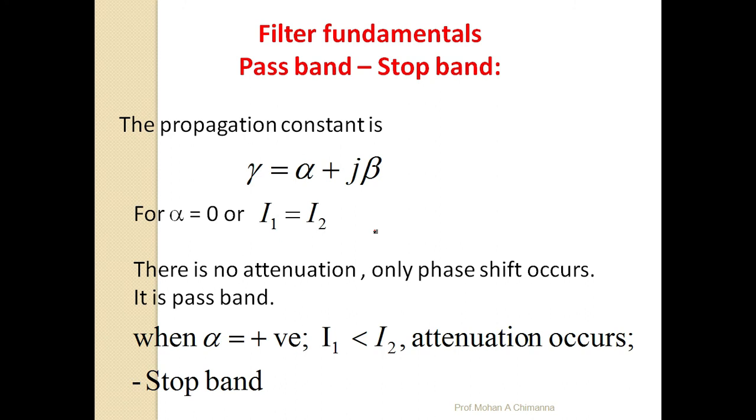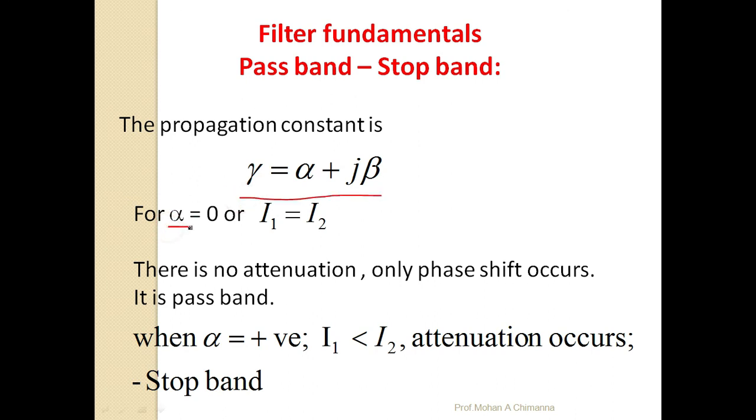Okay, then filter fundamentals. In case of the filter fundamentals, we have seen the relationship of the propagation constant in the pass band and stop band. The propagation constant gamma is equal to alpha plus j beta.